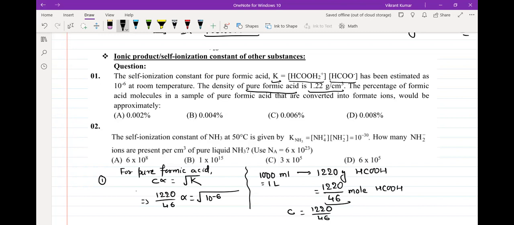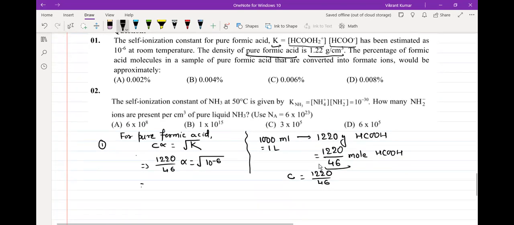And that's why, if I have to calculate alpha, it will become 46 upon 1220 into 10 raised to minus 3. And that says it will become, 46 I make 4600, then this becomes 10 raised to minus 5.